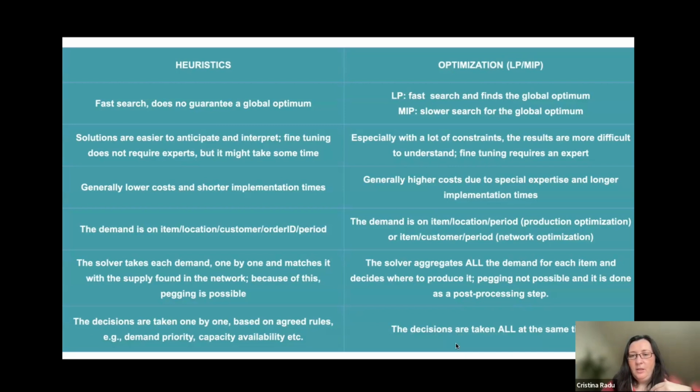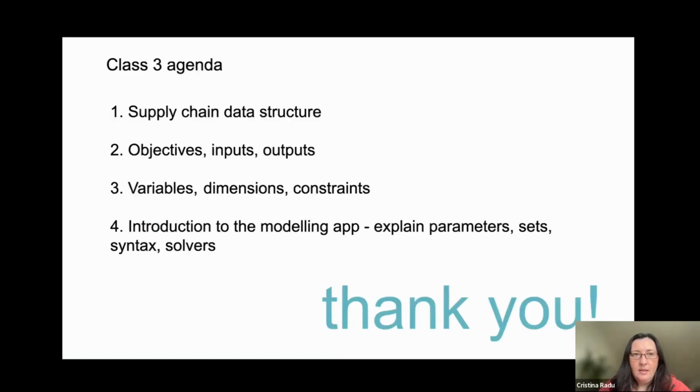Whereas if you use an LP, the decisions are all taken at the same time. All the demands are in the solver, and all the supply is considered, all the constraints and everything. This is the power of the LP in supply chain. But again, depending on the problem, you might need to use a heuristic, or an LP and a heuristic, and so on. So there are always pluses and minuses. If you're familiar with them and with how you model problems, you can decide which one is best.